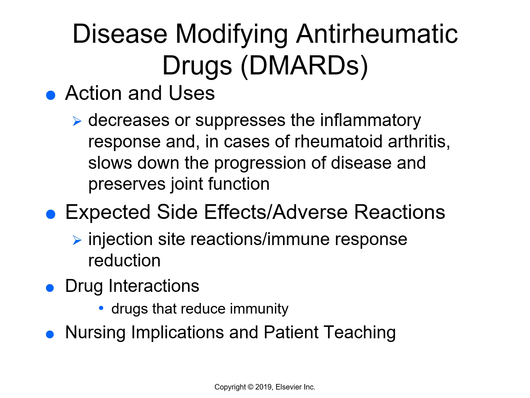DMARDs, so disease modifying anti-rheumatic drugs. How does it work? It works by decreasing or suppressing the inflammatory response, and in cases of rheumatoid arthritis, it slows down the progression of disease and preserves joint function. If you look at page 235, table 12.4, your disease modifying anti-rheumatic drugs.